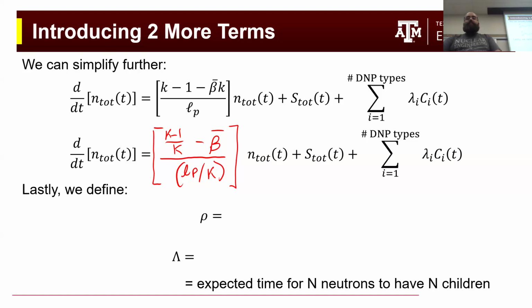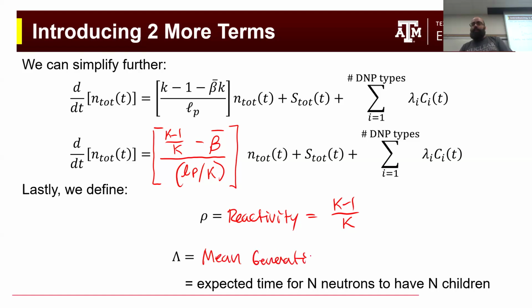And then the last things we have to define give us these two terms that are looking a little funny in our equation. So K minus 1 over K, by definition, that is what we call rho, which is the reactivity. So the reactivity is K minus 1 over K. And then this guy in the denominator here, the LP over K, we give that a name, and we call that the mean generation time.